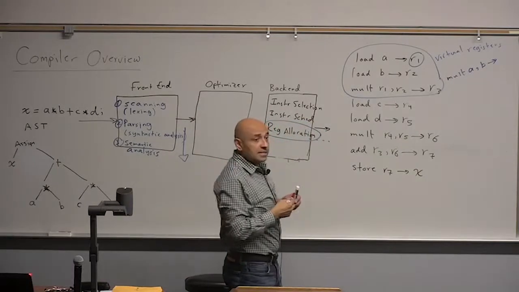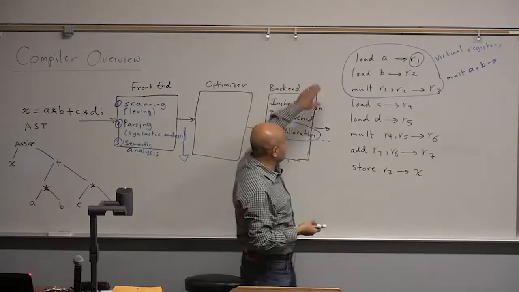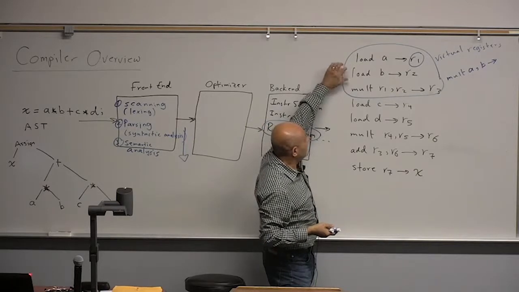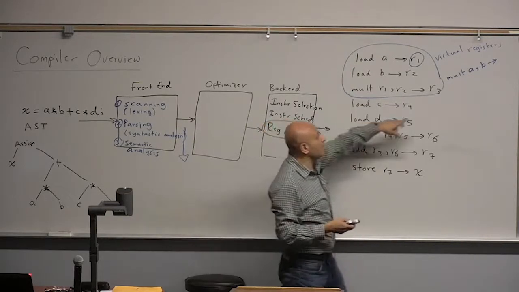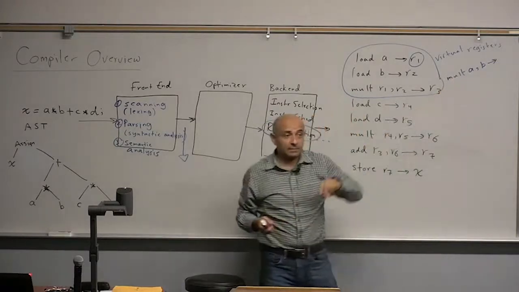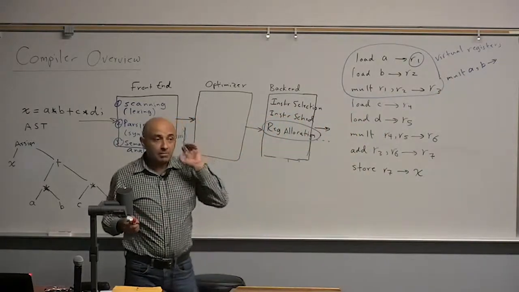So on CISC machines, you may have other options. You can replace this sequence of 3 instructions, load, load and multiply, with one instruction that operates directly on memory operands.